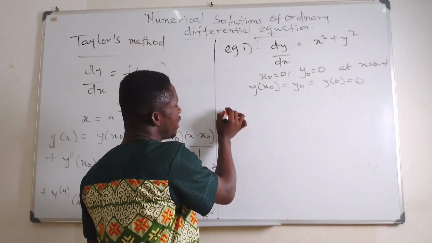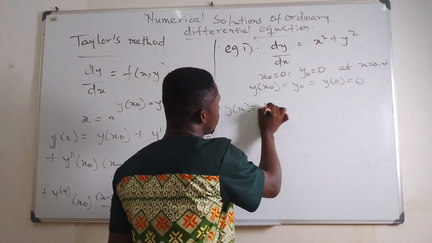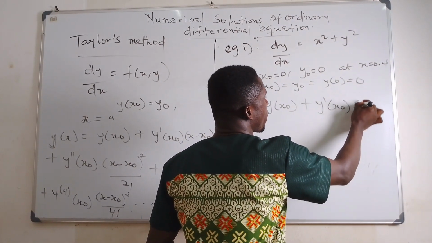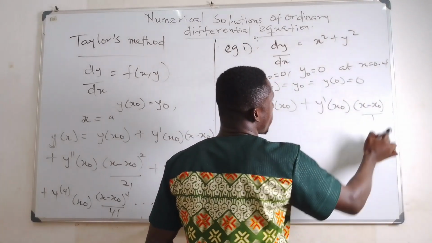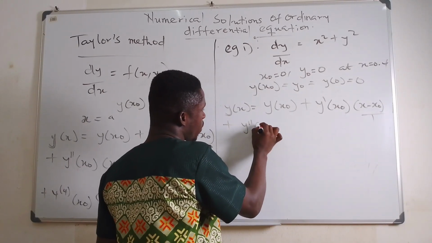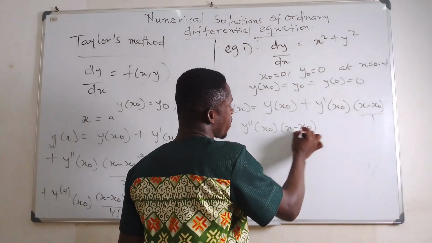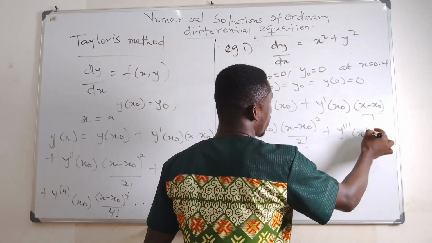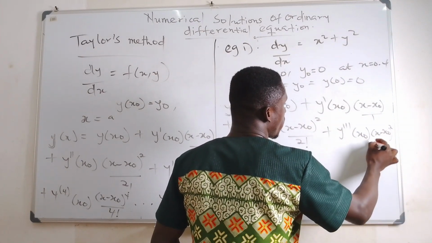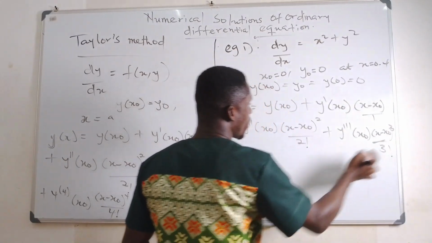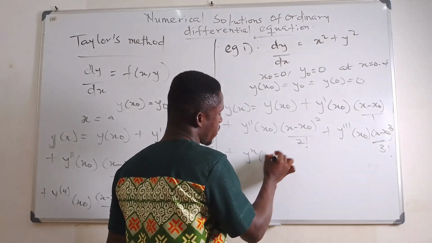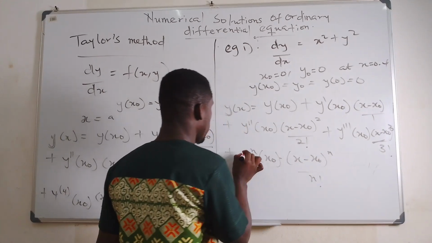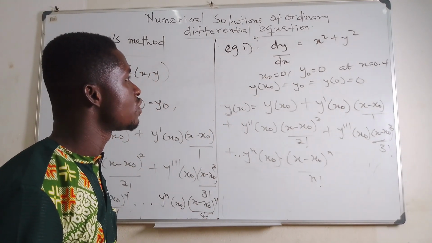And we know that for Taylor's method it is y(x) equals y(x0) plus y'(x0)... Very good. So this is the formula that we are going to use in order to solve the question.